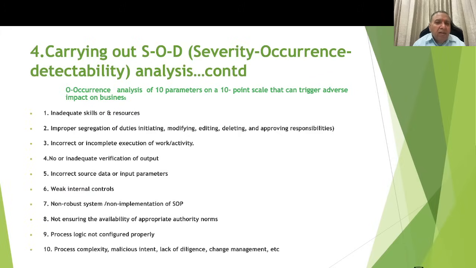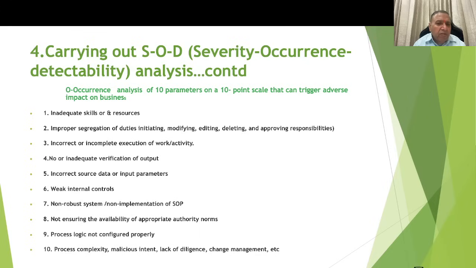Occurrence. 10 parameters are proposed which can trigger adverse impact on the business, like inadequate skill or resources, improper segregation of duties, like who can initiate the action, who can modify the activity, who can edit the activity, who can delete the activity, and who can approve the business activity, in any of these four types of functions which I have talked about.